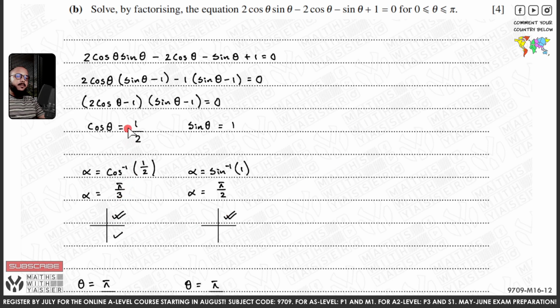Cos positive belongs to the 1st and 4th quadrant, but since our limit is within 90, we can only take the value from the 1st quadrant. Similarly, sine is positive in the 1st and 2nd quadrant, but since theta lies between 0 and pi, we can take both of them.